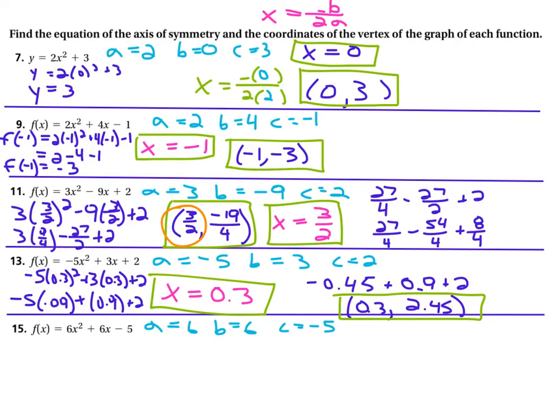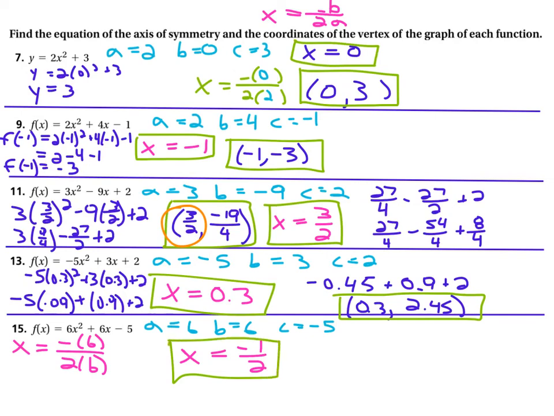Okay, so if we had negative b over 2a, we would say x equals negative of 6 over 2 times 6. Or essentially what that says is x is equal to negative 6 over 12 or negative 1 over 2, negative 1/2. That's the equation for the axis of symmetry.